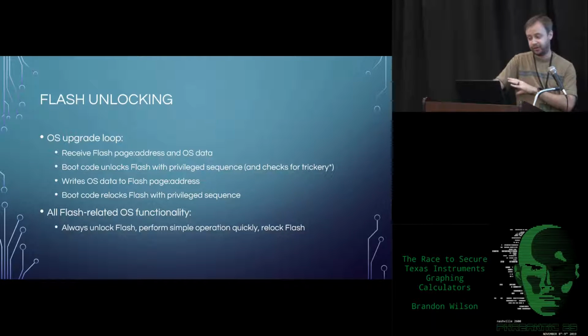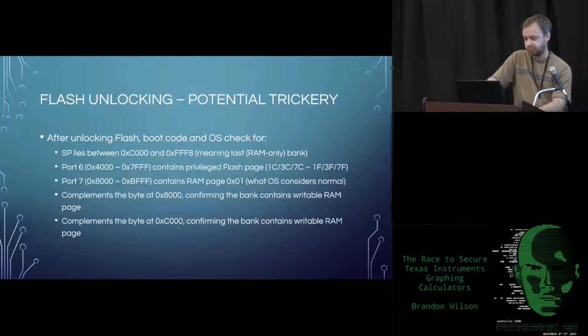Then it checks for a whole bunch of tricks that we might use to steal control away while it's unlocked. Three, it writes the OS data to the specified area of the flash chip. And finally four, it relocks flash using the same privilege sequence as before, writing a 0 to lock it back. So anytime the OS does something involving modifying flash, it will unlock it, perform some simple operation as quickly as it can, and then relock flash to try to minimize any type of exploit.